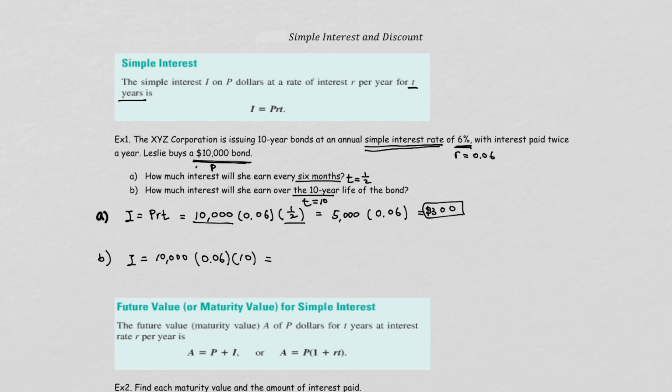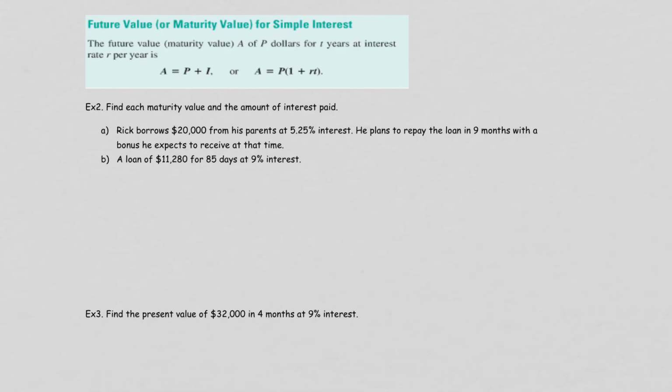You can either put it into the calculator or get rid of two decimal places by dropping two zeros. That gives you 6 times 100, 600, times 10 gives you 6,000. So Leslie will earn $6,000 in 10 years.